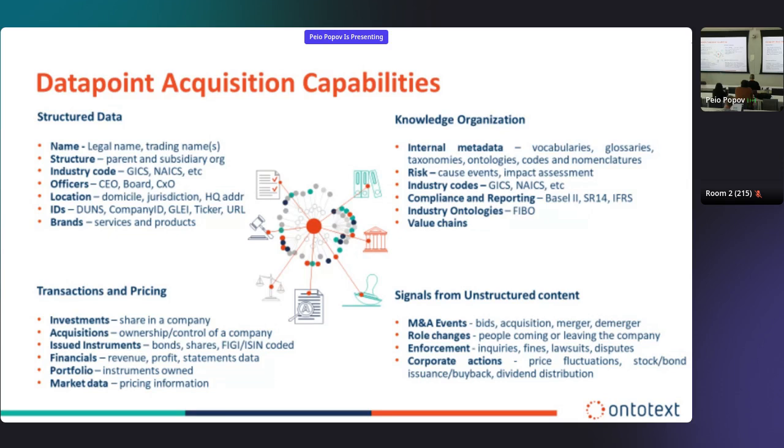The examples from unstructured content which I have chosen are stuff which happens with companies: M&A events, role changes, some kind of legal enforcement actions. So this is stuff which makes the news. And the transaction and pricing data, this is the actual pricing data which I mentioned earlier.